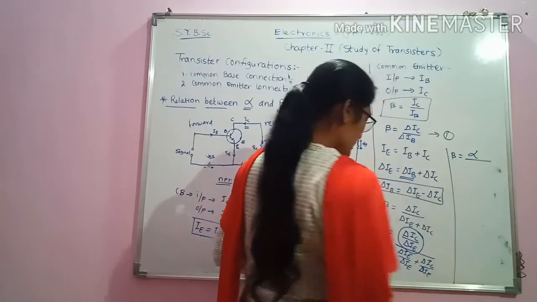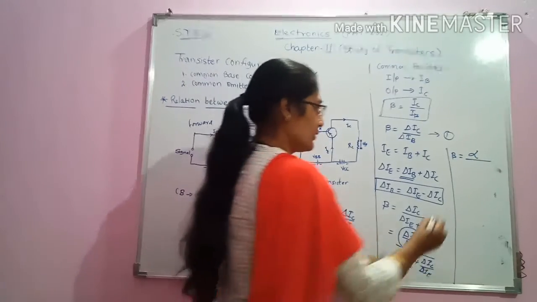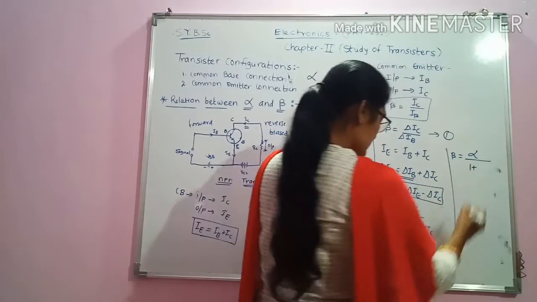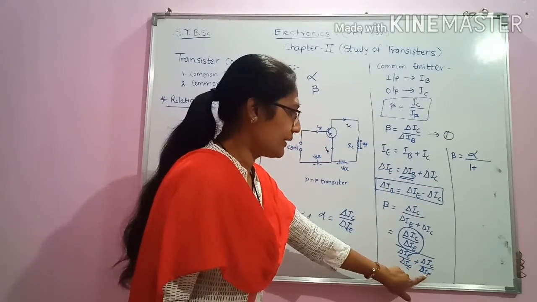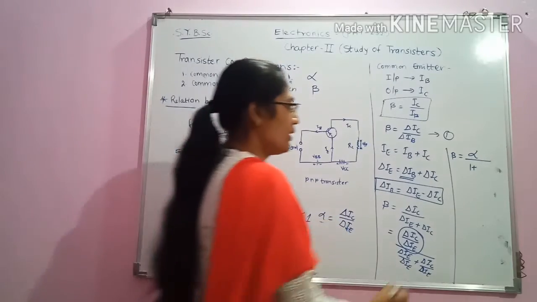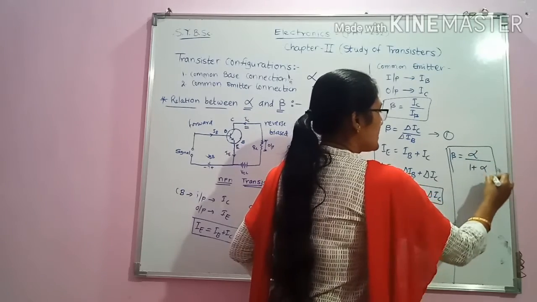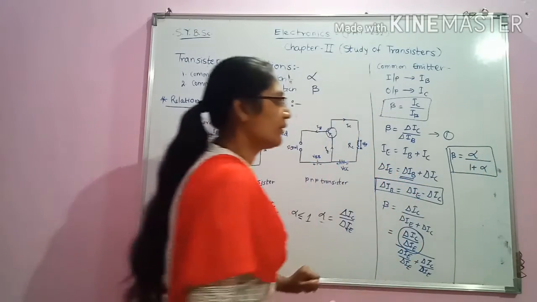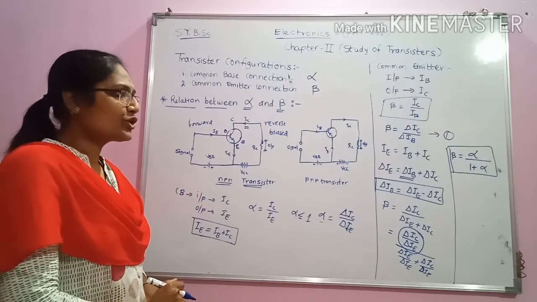Now delta IE upon delta IE is equal to 1 plus delta IC upon delta IE, which is alpha. Therefore, beta is equal to alpha divided by 1 plus alpha.